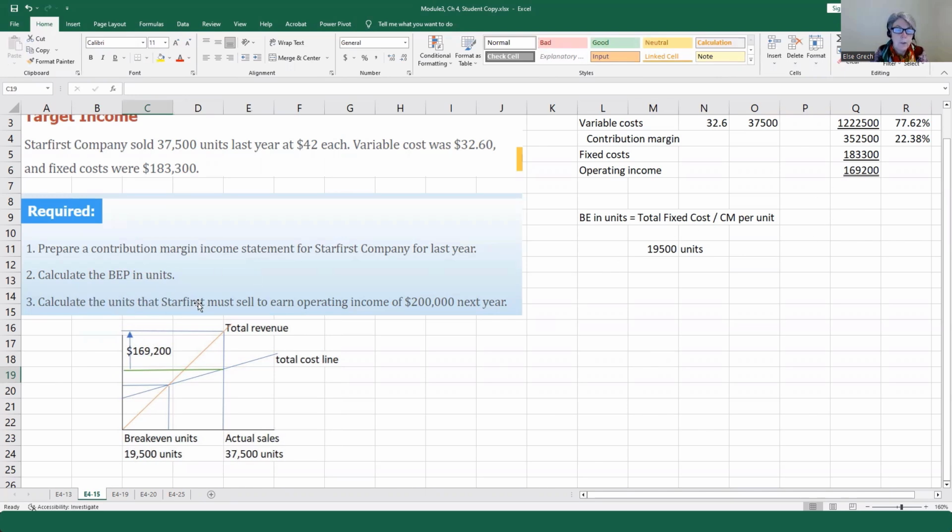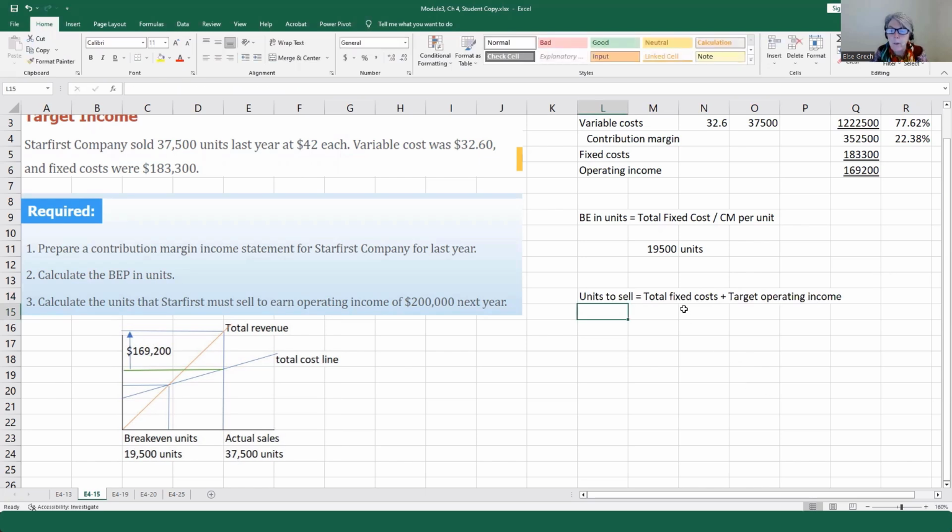Calculate the units that Star First must sell to earn an operating income of $200,000 per year. Okay, so now we want units to sell is going to now be equal to total fixed costs plus our target operating income.